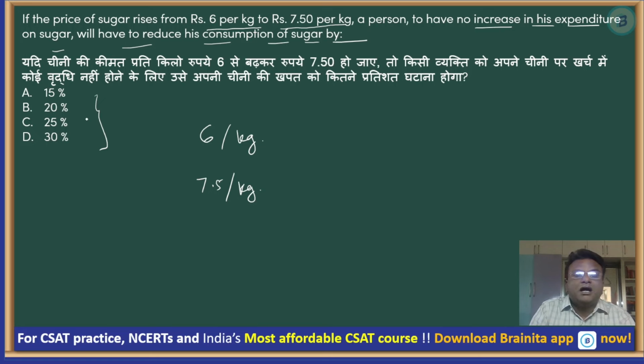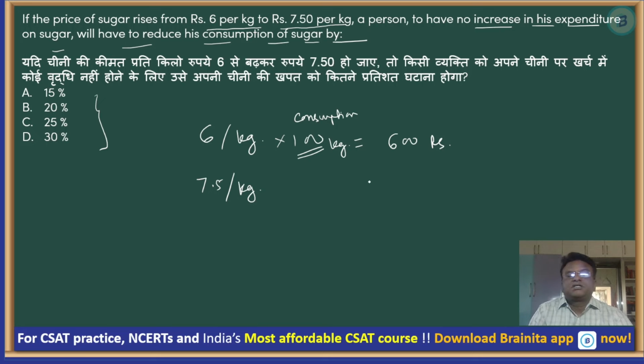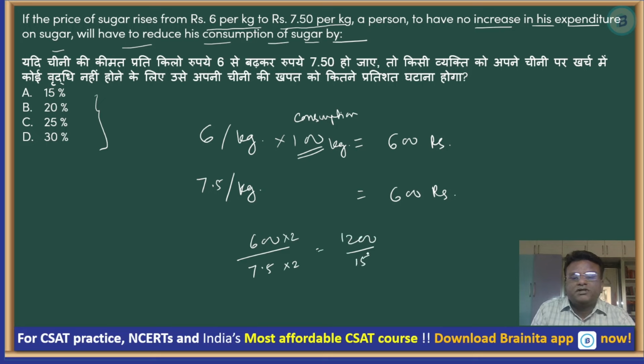Because we have been asked the reduction in consumption, let us assume that the original consumption was 100 and we will find the new consumption. So that person ended up spending 600 rupees, if the consumption was 100 kg. Now you want to keep the expenditure the same. So with this rate, it will be 600 divided by 7.5. Let us multiply both by 2, so this becomes 1200 divided by 15.